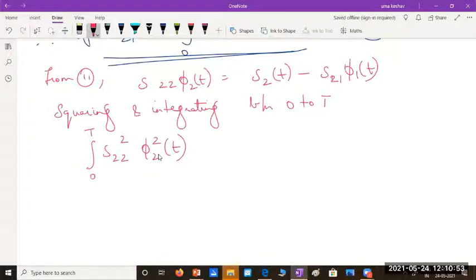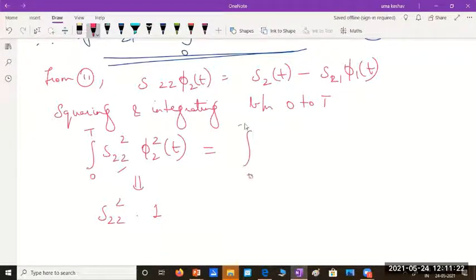You can easily see the integral of phi 2 square will give S22 square into 1. Remember the property: phi 2 square under the integral is unit energy, 1. So to isolate the value of S22, the simplest way is to square and integrate. The same thing I should do to the right hand side of this equation.